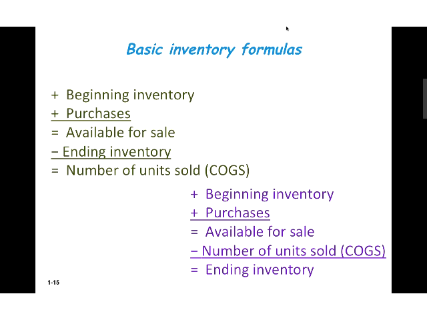They're the same thing, we're just flipping it around. Do we know how many we sold, or do we know how many we have left? Whatever we don't know, we can solve for. These basic inventory formulas are what will get you through most of what we do. So we have to be able to solve for ending inventory or number of units sold.